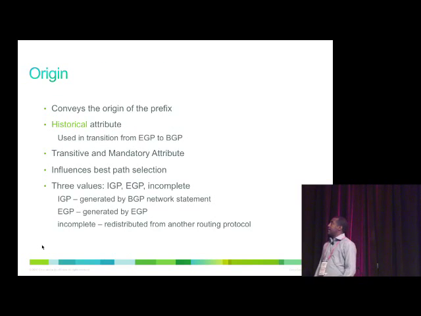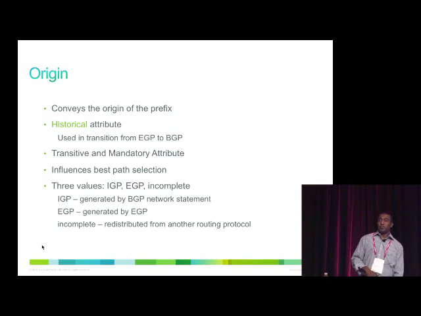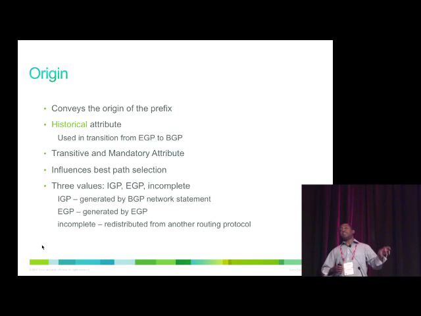Another BGP attribute is origin. This is historical in nature, in that originally EGP, which is another exterior protocol, predates BGP. So if the route was originated from EGP as opposed to BGP, it will have a different origin. There were 3 types, IGP, EGP, and incomplete, and there are still 3 types, but EGP is not used because there is no router that runs EGP nowadays.